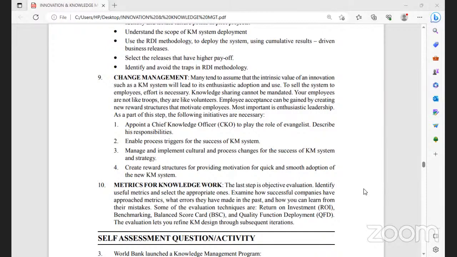As a part of this step, the following initiatives are necessary. Appoint a chief technology officer and a chief knowledge officer to play the role of evangelist. Describe their responsibilities. Enable process triggers for the success of the knowledge management system. Manage and implement cultural process changes for the success of the knowledge management system and strategy.